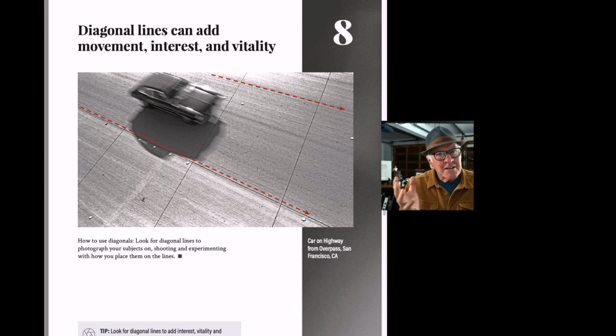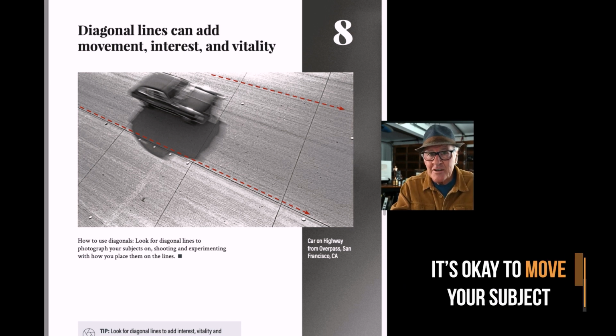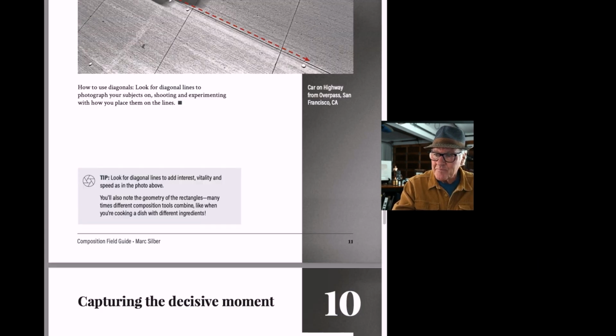And we're trying to bring something out of it other than the usual kind of snapshot. And this is another tool to do that with. So use your diagonal lines, look for them. They're there all over the place. And when you find one, maybe you have to move your subject to the diagonal lines, but that's okay. Or you do what I did and you get above them.